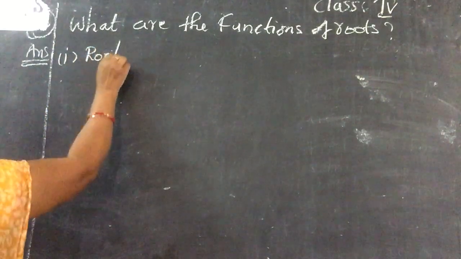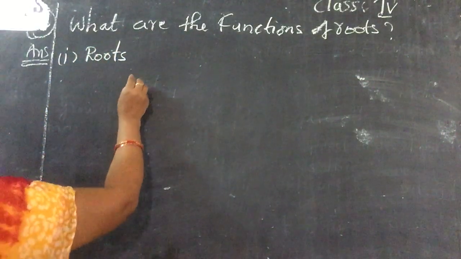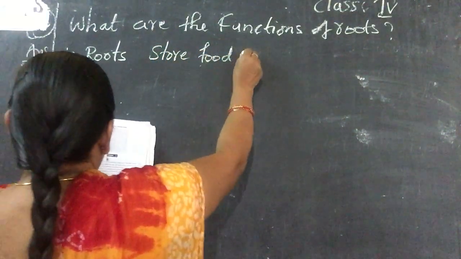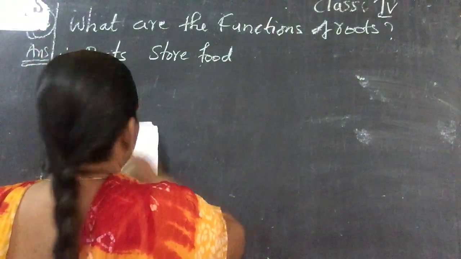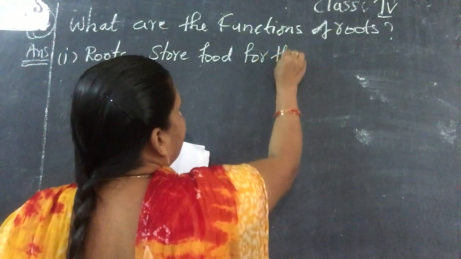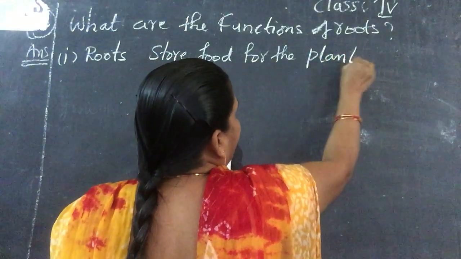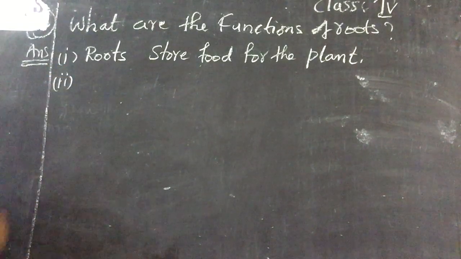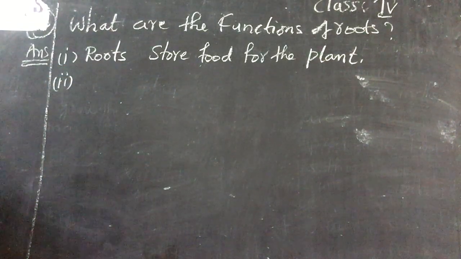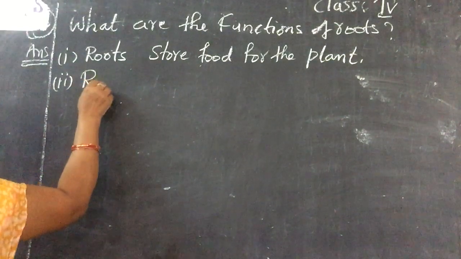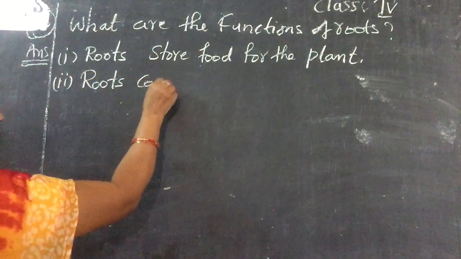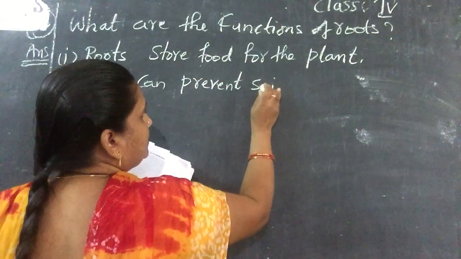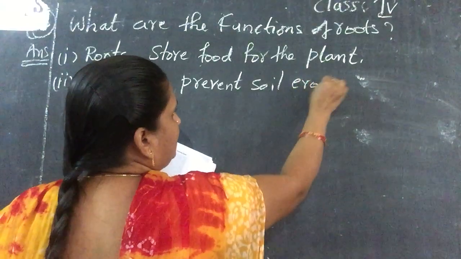Point number 1: Roots store food for the plant. Point number 2: Roots can prevent soil erosion.